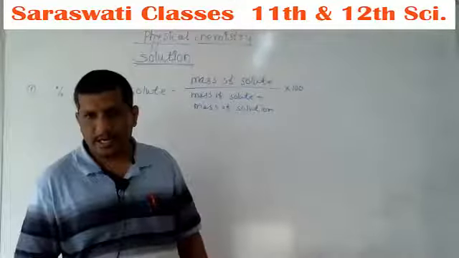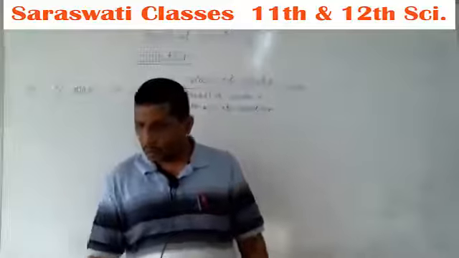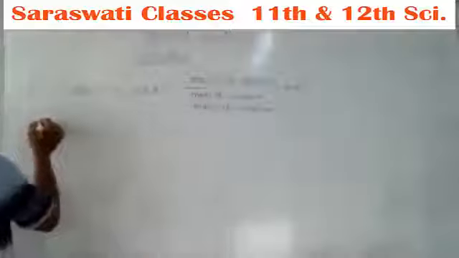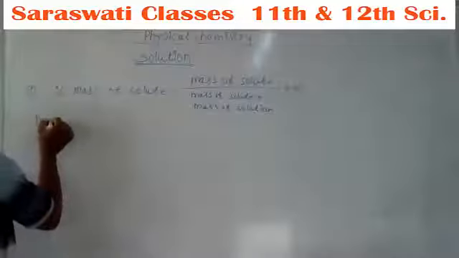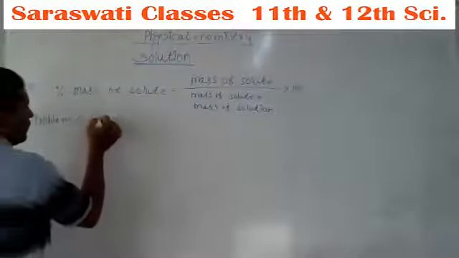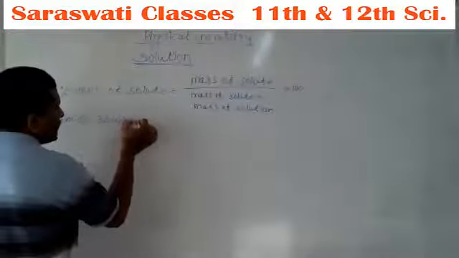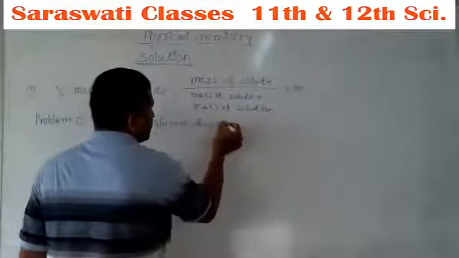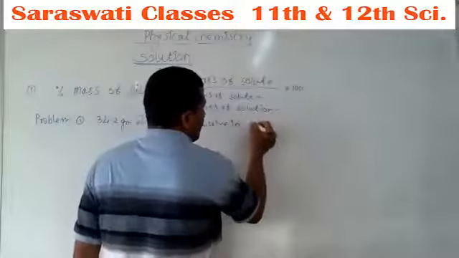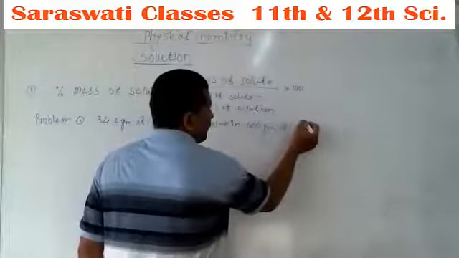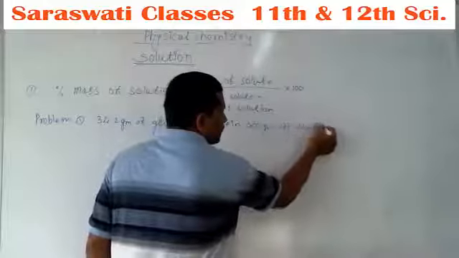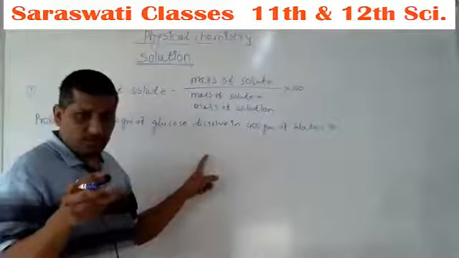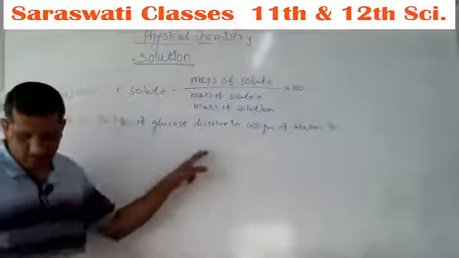First problem: 34.2 gram of glucose dissolved in 400 gram of water, to form 454 gram of solution.